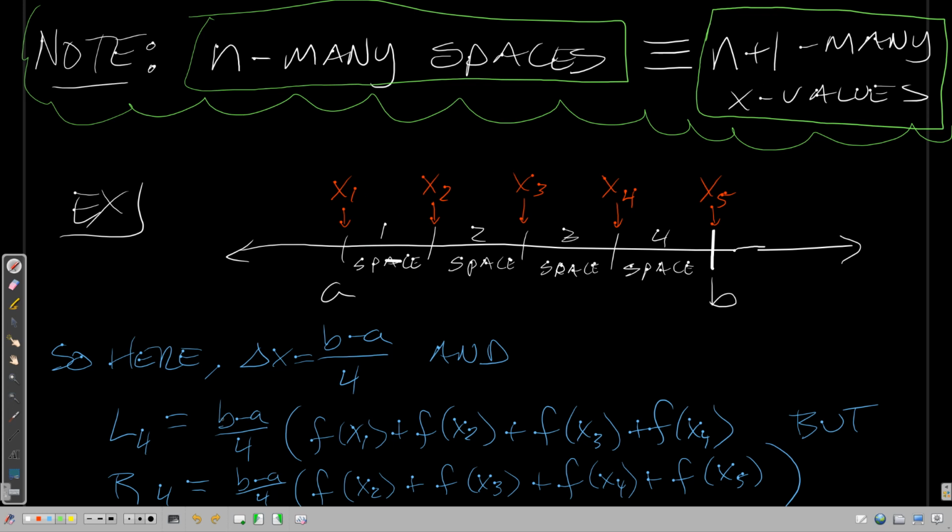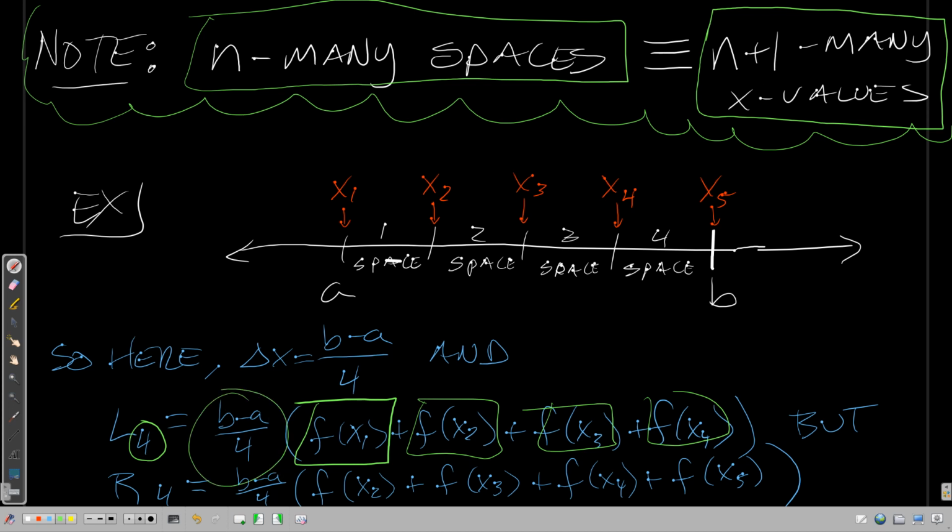Why is that important? Why would I want you to note that? Well, because the left Riemann sum starts with the leftmost endpoint and then just has 4 heights. 1, 2, 3, 4. All the widths of the rectangles are the same, so it can factor out.